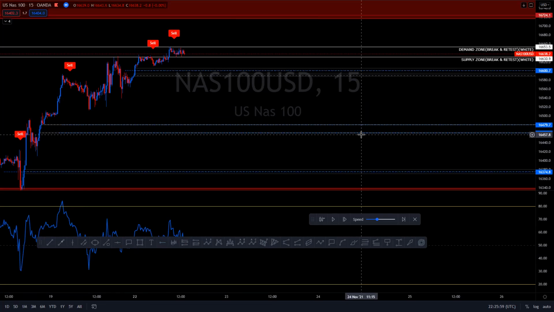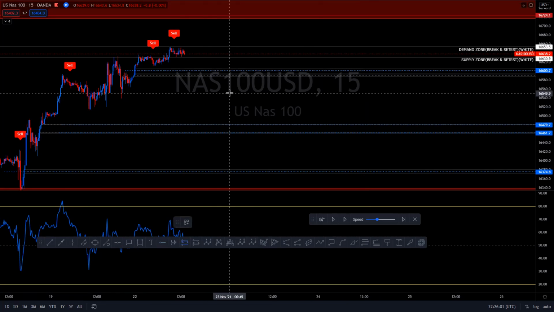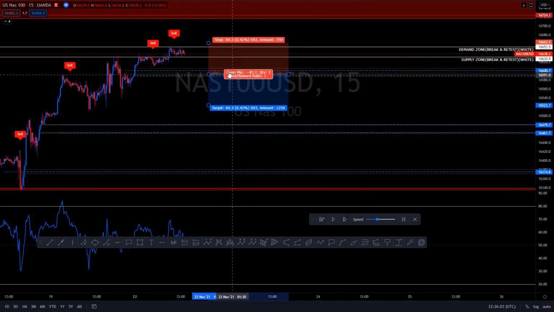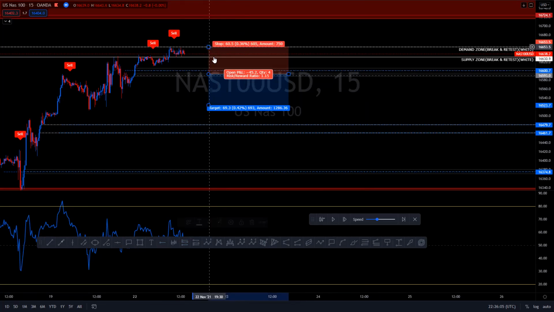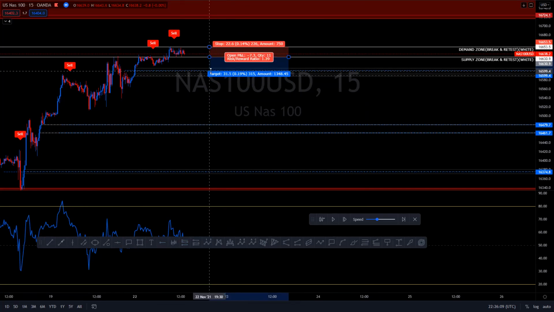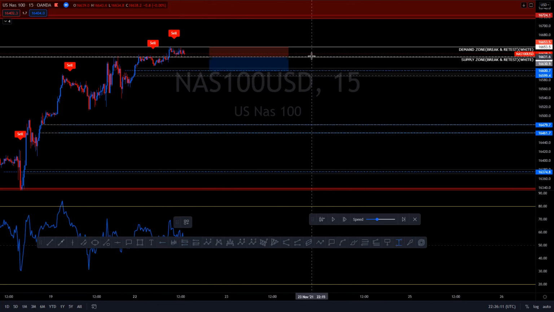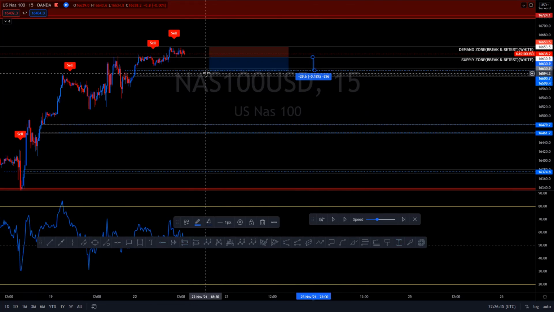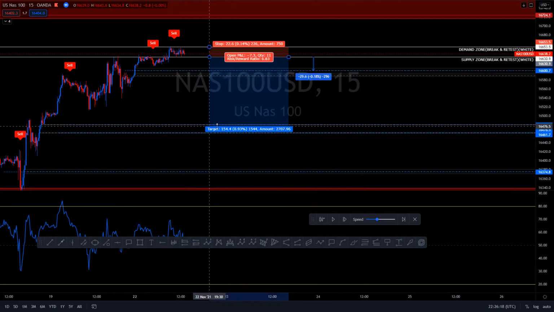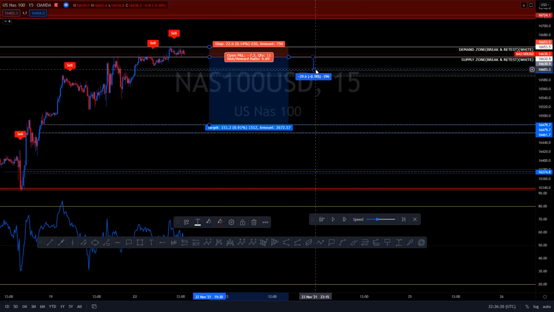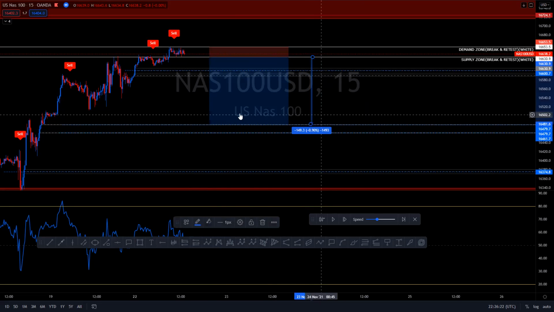Then imbalances here, okay? So then when I plan my trades, basically what I do is I take the risk to reward tools, and if price decides to sell, then I set my take profit zones. So this is going to be my first take profit here if price sells. And I probably would make this my second take profit if price even goes that low.